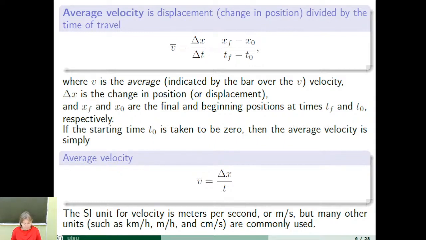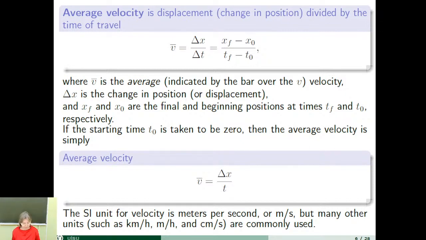Average velocity is displacement divided by the time of travel, where v, indicated by the bar over the v, is the average velocity.